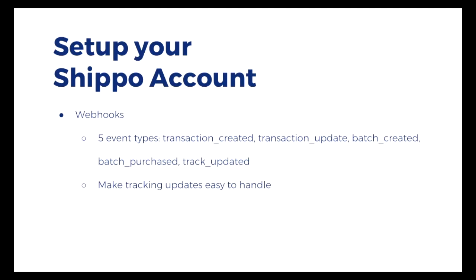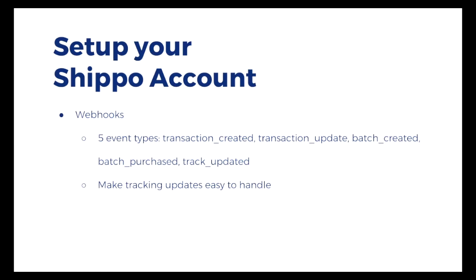The most important one to actually take note of here is the track updated, because you can use that to actually track any shipment that you created in Shippo, or if you actually posted some tracking numbers to Shippo, you can actually get near real-time updates on them. About every 2 hours, we'll be able to push out newfound updates for any of the tracks that you've added to us. All Shippo labels that you create within Shippo will automatically have those tracking updates sent to the webhook that you have registered there.